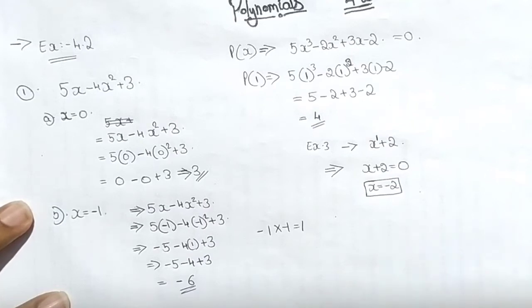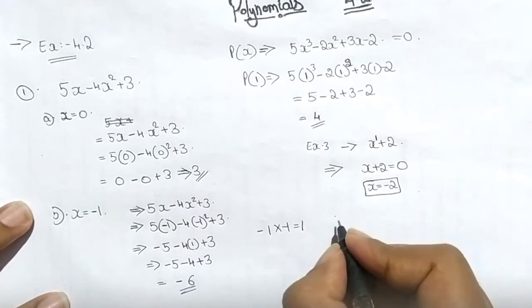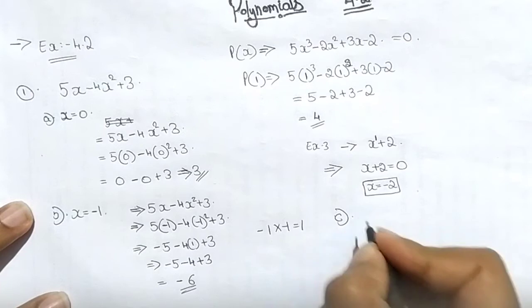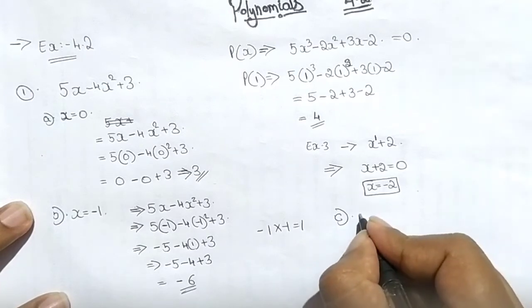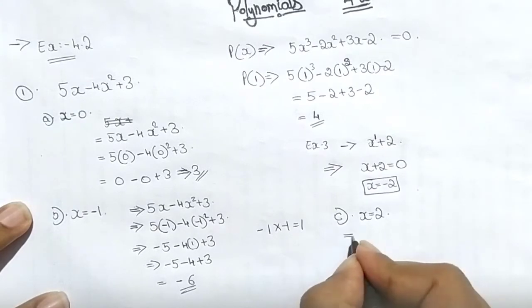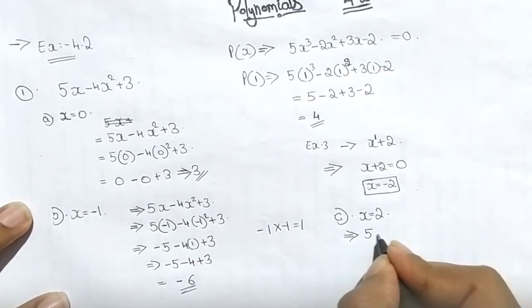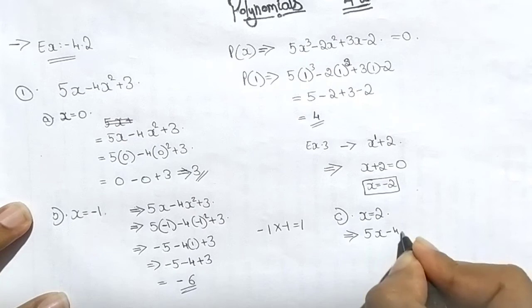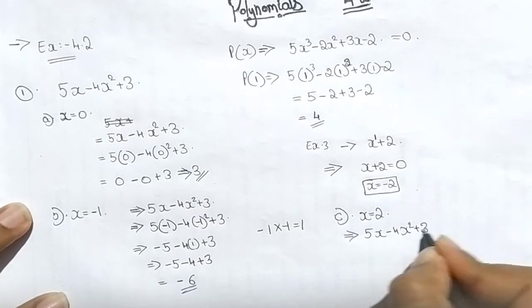I hope now you can see. Taking the third question, which is at x equal to 2. Let us take the question 5x minus 4x square plus 3.